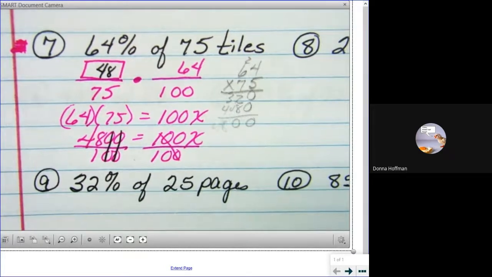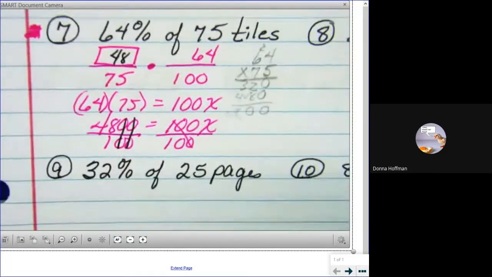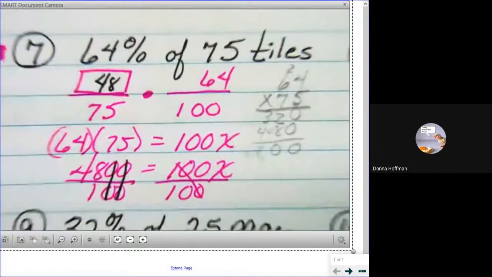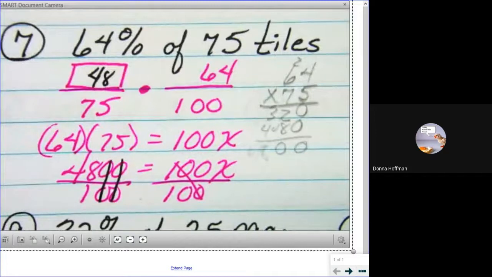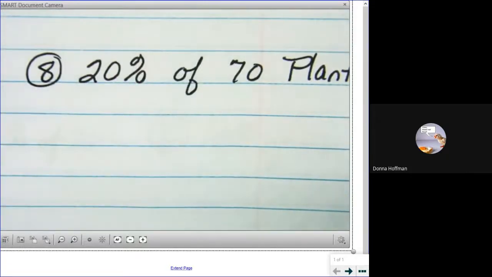Oh, close, huh? Now we got to do 20% of 70. I'm sorry, Natalie, were you still writing? 20% of 70. I can go ahead and set it up into my format, right?